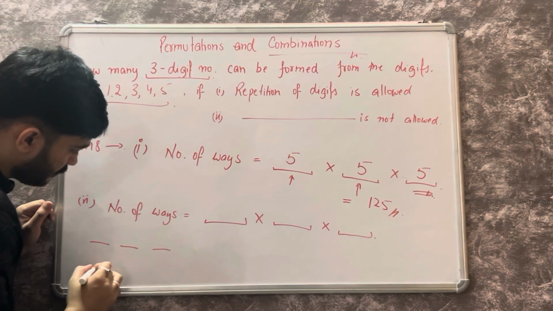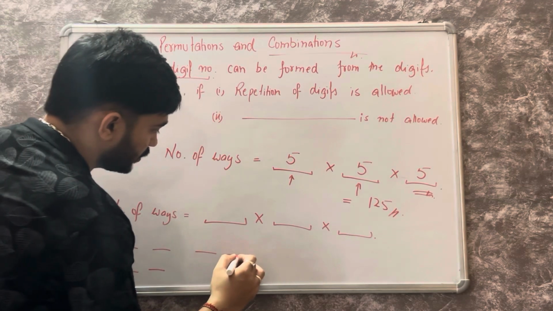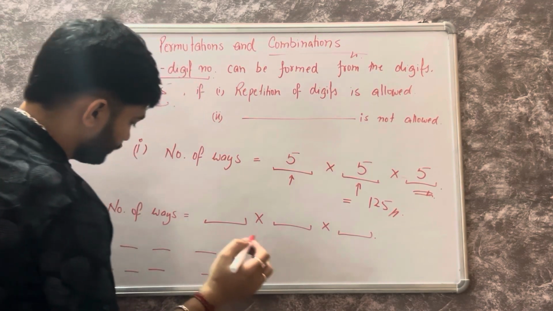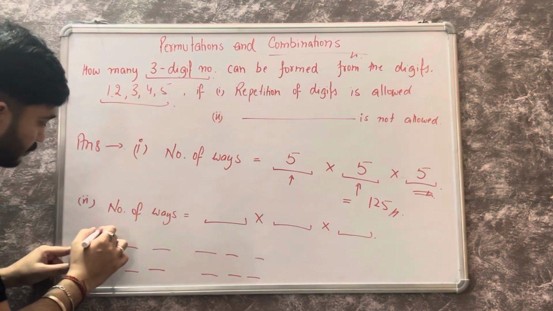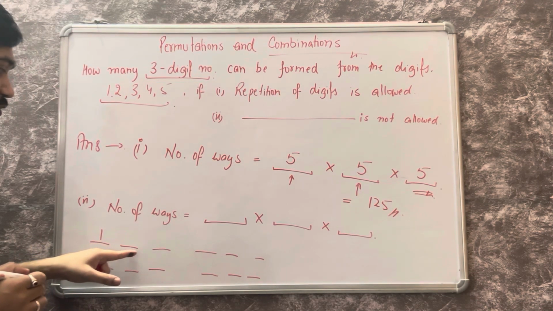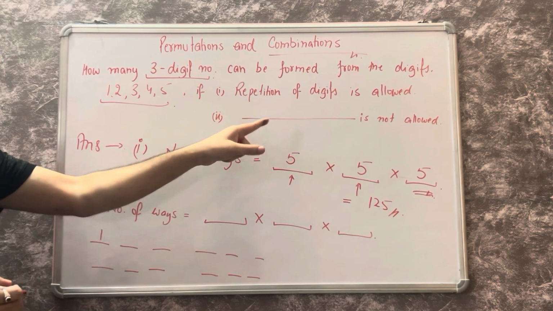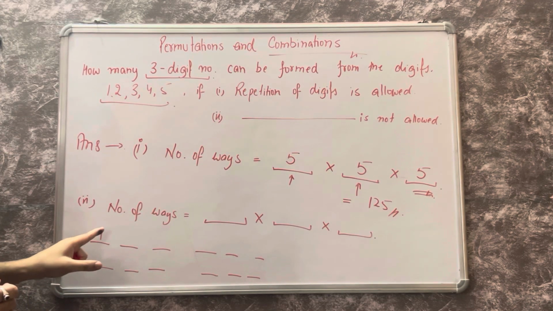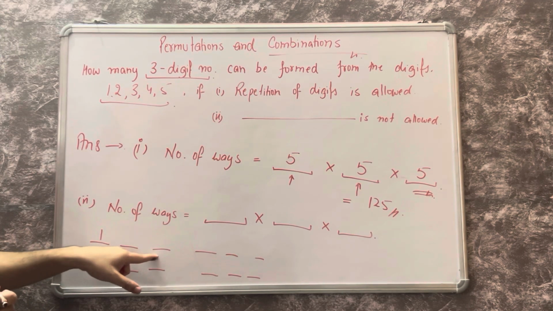Let us take an example. If you place 1 on the 100th place, you cannot place it again on the 10th place or 1st place, because no repetition means you cannot repeat any number here or here.